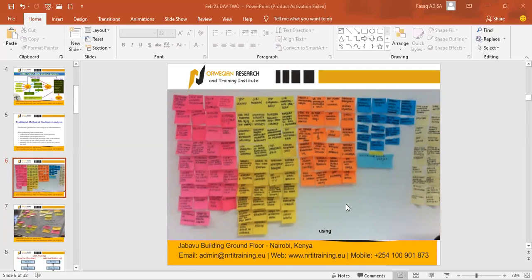Rather than in the software where you just code, copy, drag and drop, manually, traditionally, it means you write out each of the answers on a sticky paper and stick them to the wall or to the board, or you print and make photocopies, then you cut each statement and put them where they relate.